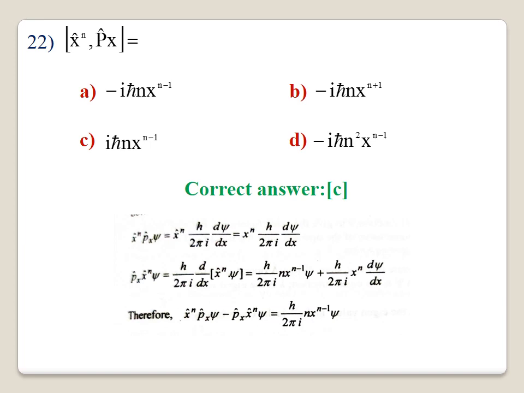The remaining equation is (h/2πi) n xⁿ⁻¹ ψ, which will be equal to iħ n xⁿ⁻¹, option C. Here ħ is equal to h/2π. You substitute, you will get the correct answer. Option C is the correct answer for this problem.